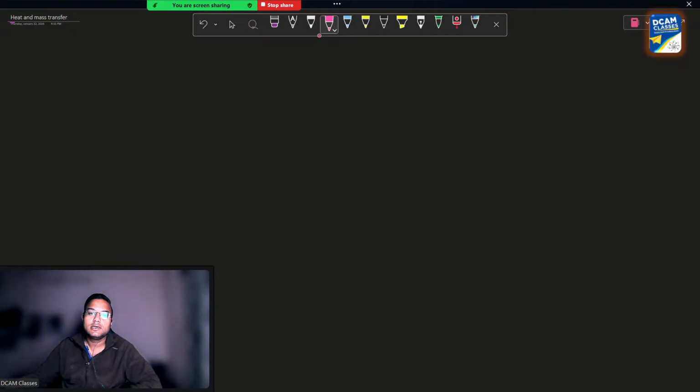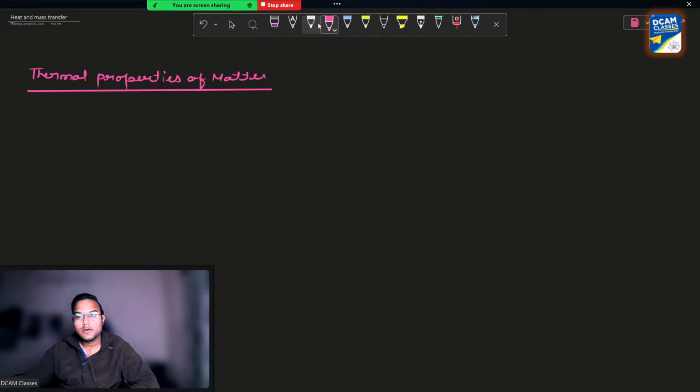Actually, it's known by the other name as thermal properties of matter. Now, first you need to know what all different scales are being used for measuring temperature.